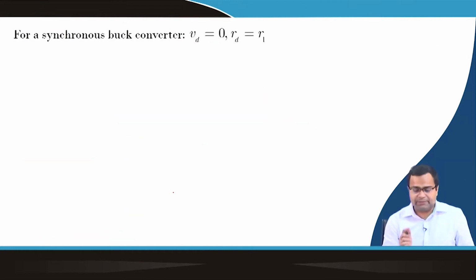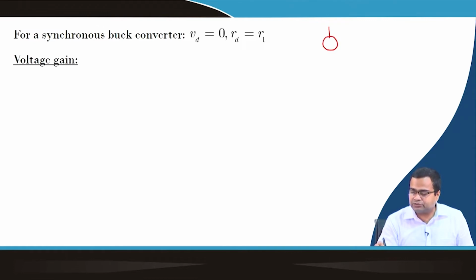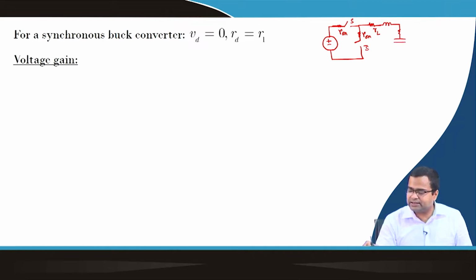Now, if we take a synchronous buck converter, where we are not considering a diode, if we draw the actual circuit, it is like this, and we are assuming the on resistance to be identical for both cases, for simplicity. This is my switch, this is my switch bar, this is my inductor, then this is my capacitor ESR, this is my L, C, and this is my load resistor.